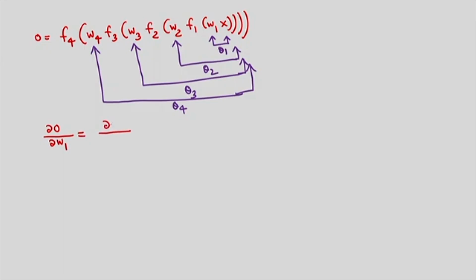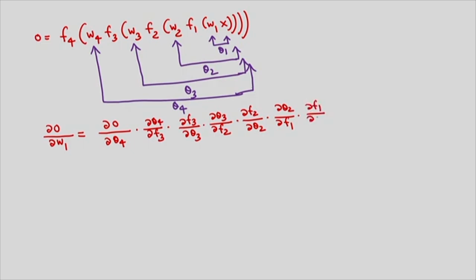By using the chain rule, del O divided by del W1 I can write as del O divided by del theta 4, del theta 4 divided by del F3, into del F3 divided by del theta 3, del theta 3 divided by del F2, del F2 divided by del theta 2, and del theta 2 divided by del F1, del F1 divided by del theta 1, and finally del theta 1 divided by del W1.